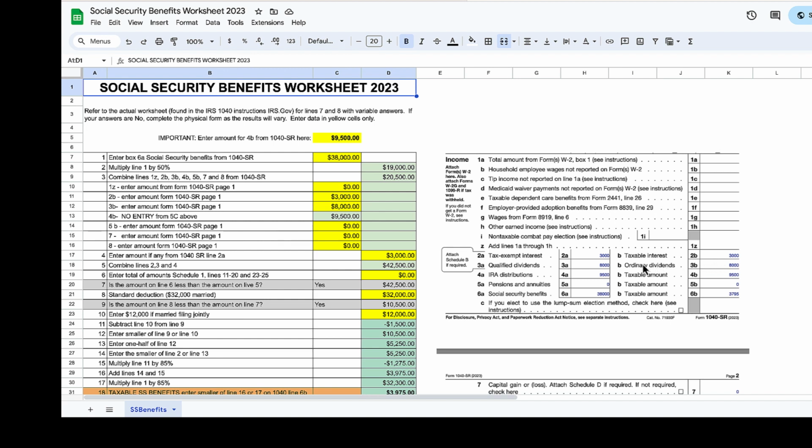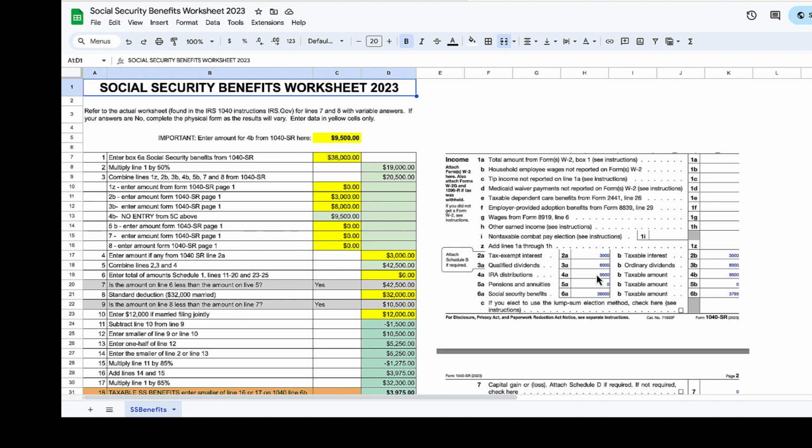You can change these if you want more dividends, for example, or if you want to do something that generates higher taxable interest. But the most flexible here, and the key thing, is to drain that IRA account out over time at the lowest tax rate possible. That's what we talked about. So right here we had $9,500. That was strictly arbitrary.